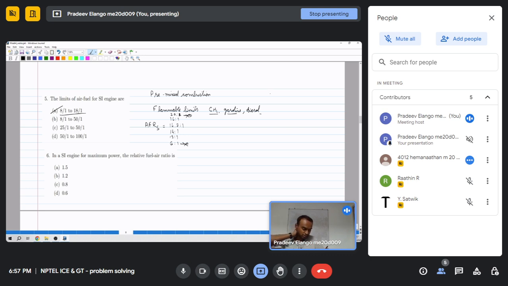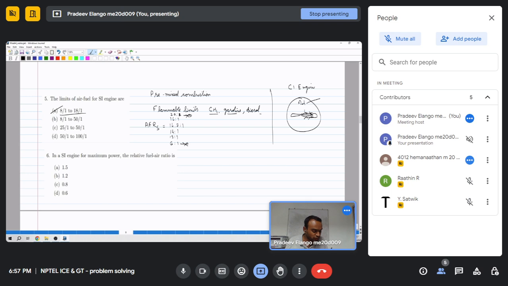And if you take a CI engine, we are only injecting fuel inside the combustion chamber. So it is all air in the engine combustion chamber, and there is a fuel spray, and with this spray the air is getting entrained, getting mixed, and locally there will be a different flammable mixture.